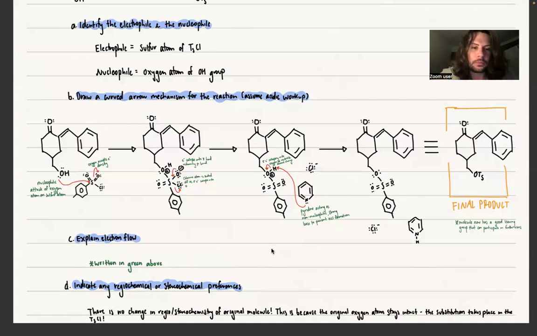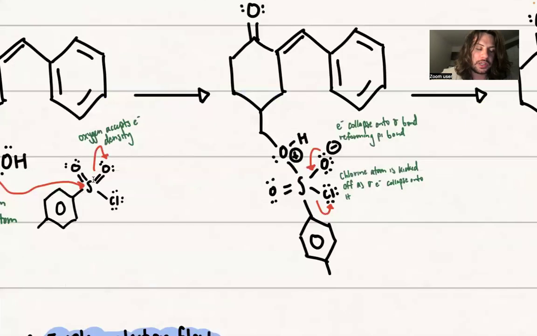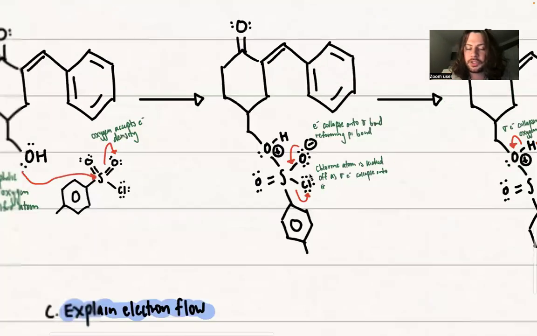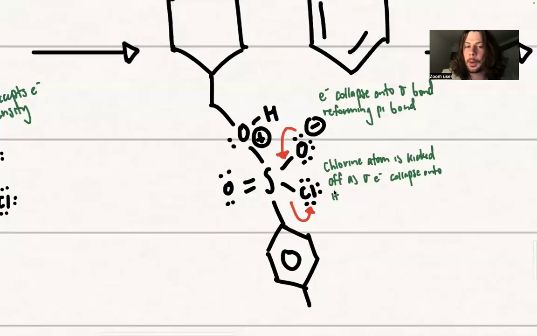So to reiterate that, what that actually means is we'll see here the sulfur atom is the electrophile, and the oxygen there is accepting the electron density, and then eventually we're displacing the chlorine right there.